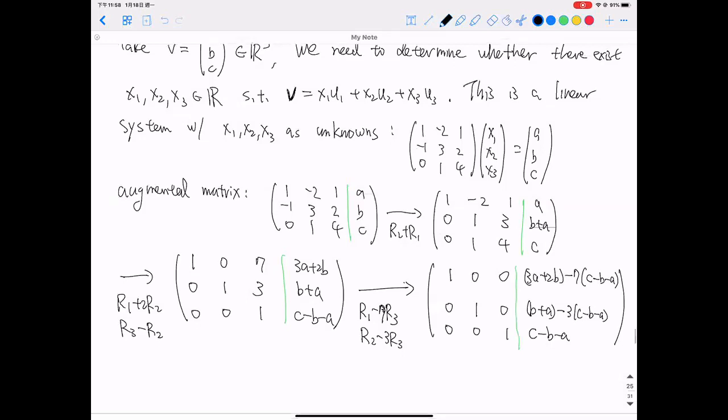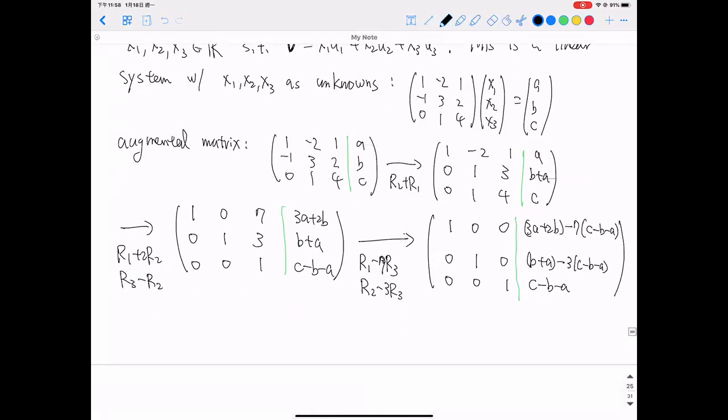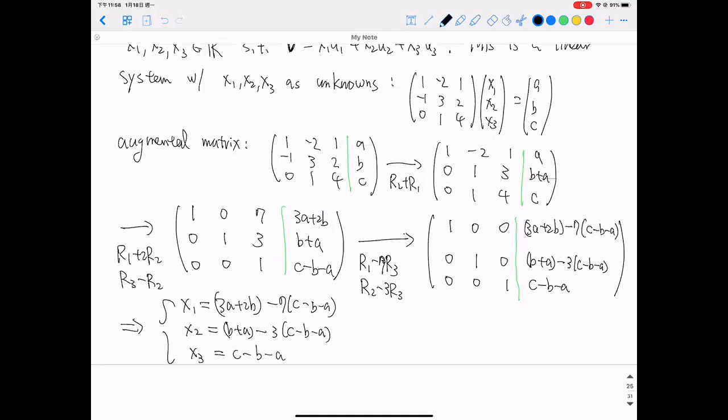Now you can read the answer for x1, x2, and x3. From this, x1 is equal to 3a plus 2b minus 7 times c minus b minus a. x2 is b plus a minus 3 times c minus b minus a, and you can further simplify these two expressions, but that's not what we need to do now.